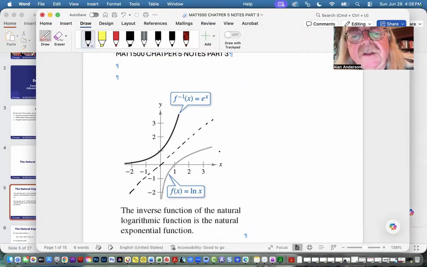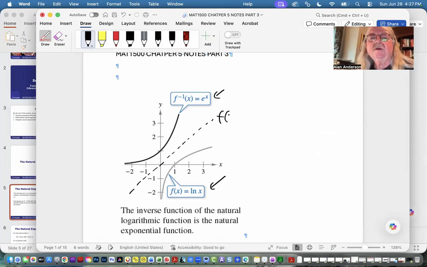You can see that the two functions, natural log of x and e to the x, are mirror images of each other. And since they are symmetrical to each other with respect to the line y equals x, or f of x equals x, that's how we know that they're inverses of each other.